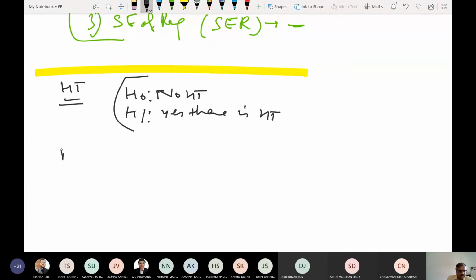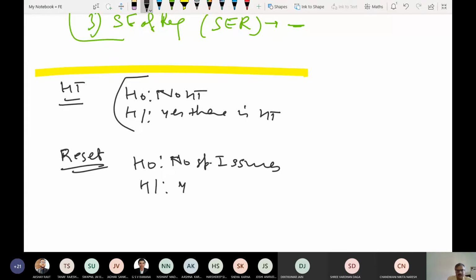Similarly, when we talk about specification error, the RESET test, there I'll talk about no specification issues as the null. Yesterday I might have used some different words to describe the same thing. Alternate, yes, there are specification issues.